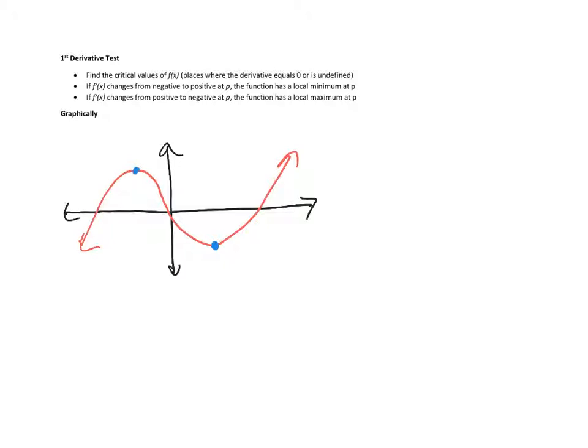If this point to the left appeared at x equals a, we would say that's a local maximum. The way we would know it's a local maximum is if you look at points to the left of a, the derivative would be positive because the function is increasing. If you looked at points to the right of a, the derivative would be negative because the function is decreasing.